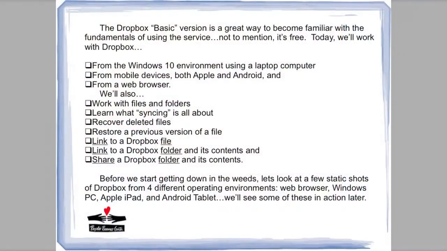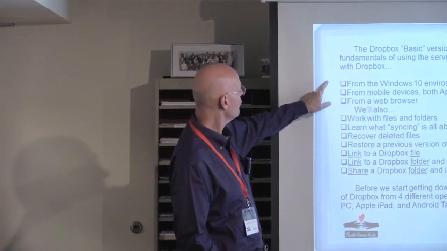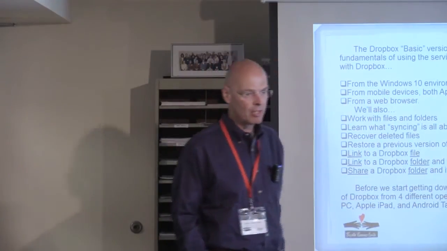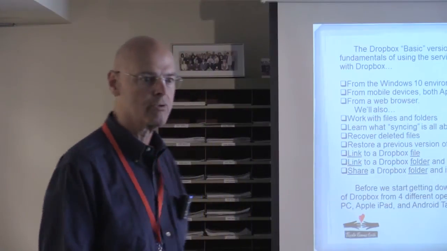What do I hope to accomplish today for your benefit? We're going to look at Dropbox from a couple of different vantage points. We're going to use Windows 10 and a laptop computer that I have down on the floor, and we're going to access Dropbox from a web browser. We're going to access Dropbox from the Windows operating environment itself using the standard Windows file management tool called Windows Explorer.